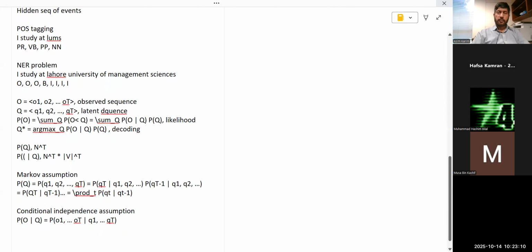So we will simplify this to saying that each of those Os is independent of all the Qs except the current Q at the current time index. In other words, we will simplify it to simply the product over T of probability of OT given QT. ठीक है?